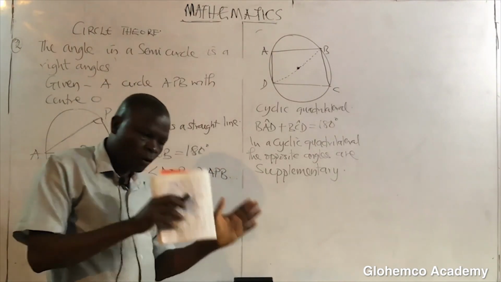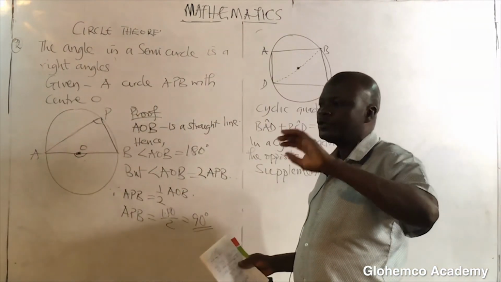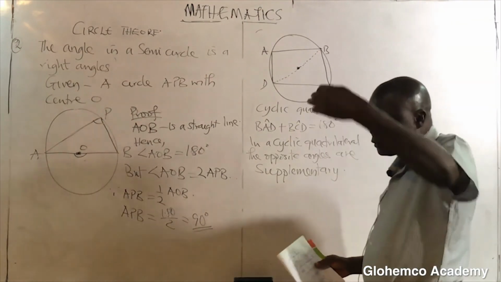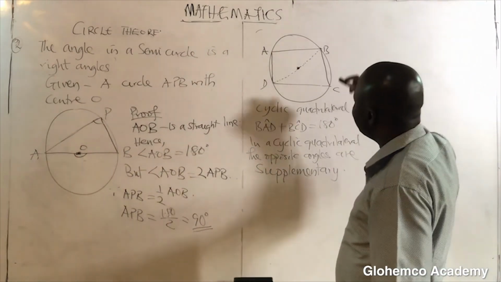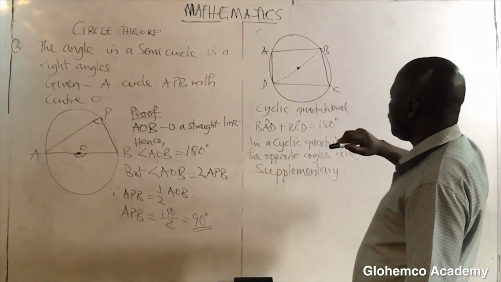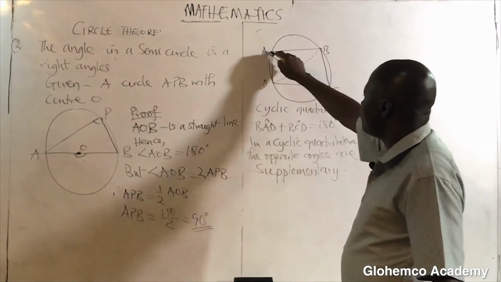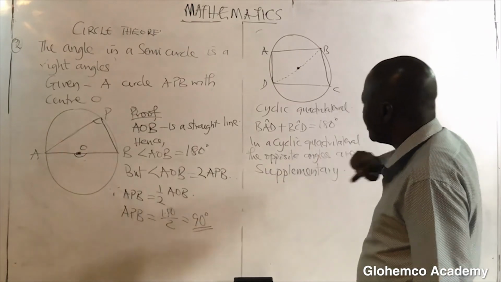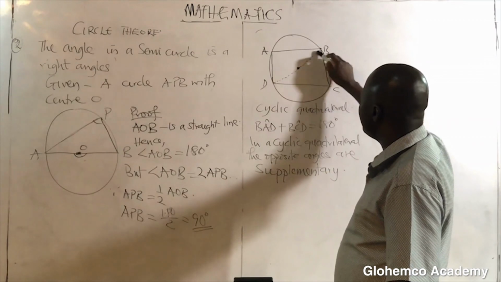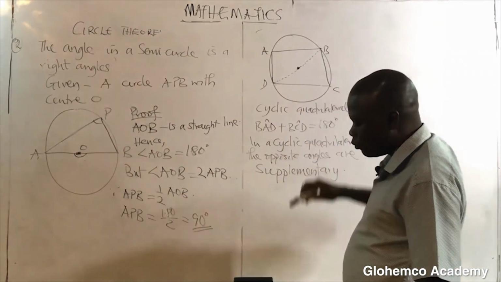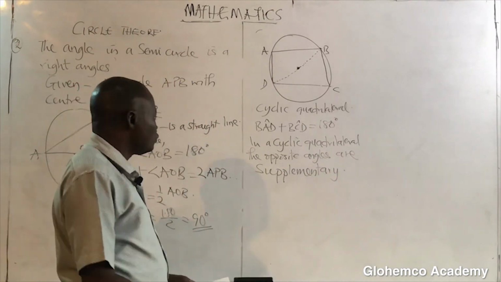So supplementary and complementary are not the same. Complementary means two angles equal 90. Supplementary means two angles equal 180. So in a cyclic quadrilateral, the two opposite angles, when you add them together, must give you 180. Likewise, this angle and this one together must also give you 180, because they are also angles in the cyclic quadrilateral. So that's another theorem that you need to note.